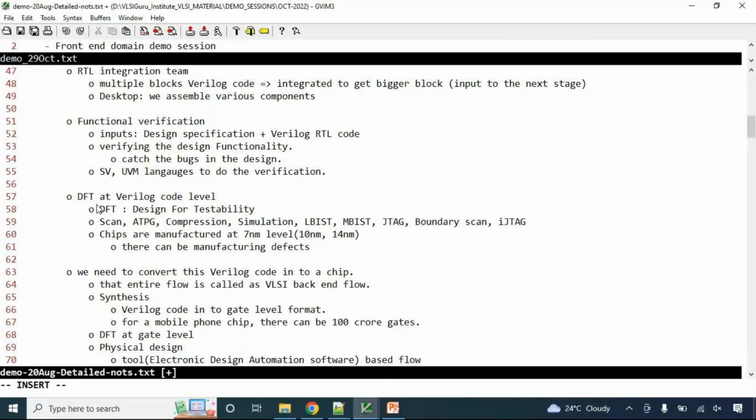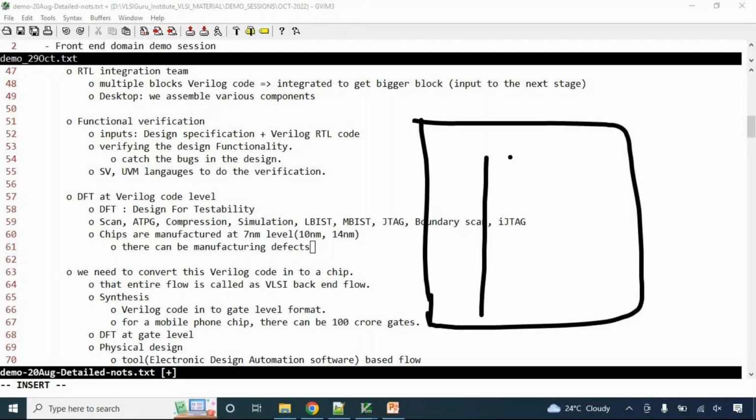What can the manufacturing defects be? Assume this is a chip. There can be two metal wires going, and they could be shorted. It's happening at such a low technology level that they can be shorted, or shorted to voltage. There can be many mistakes. If one line is shorted to voltage, then it won't work, right?